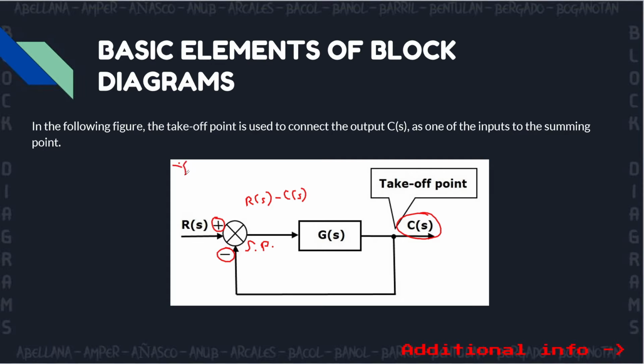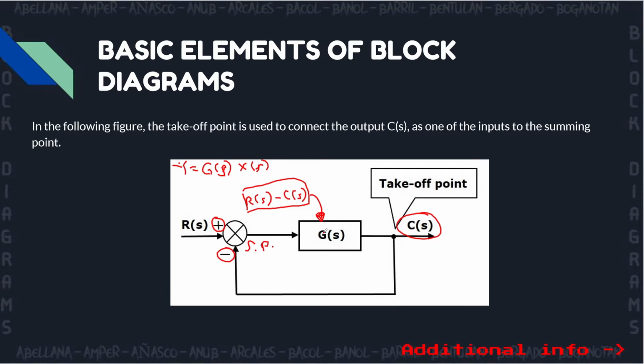In determining the output of the transfer function, all we need to remember is that the output is equal to the transfer function multiplied by the input. Since we have the input right here, all we have to do is multiply it by the transfer function. So now we can have the output.